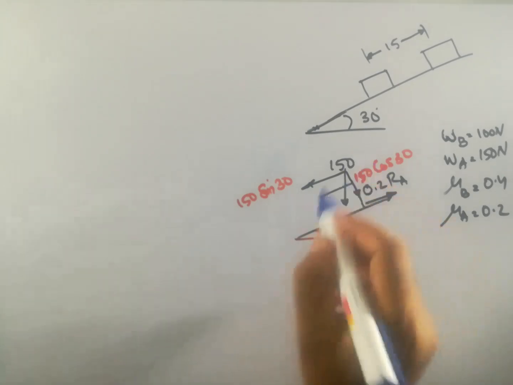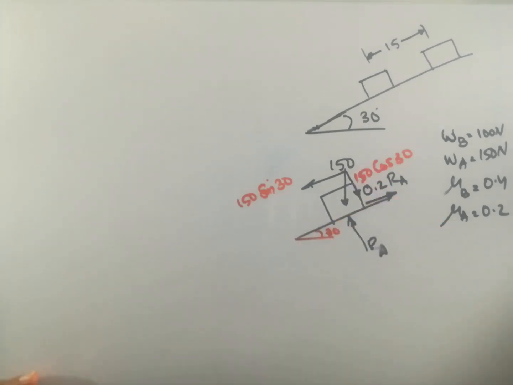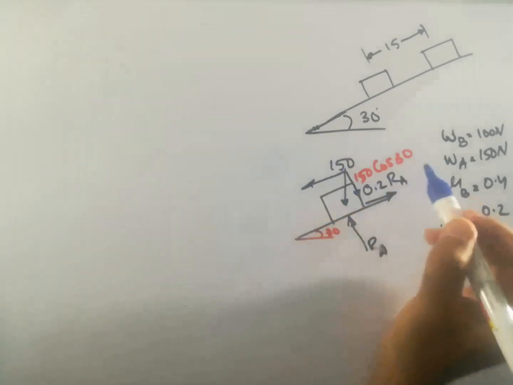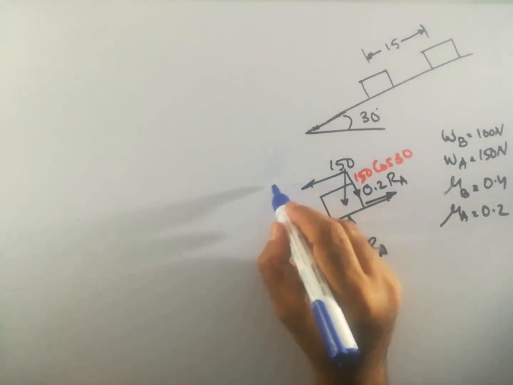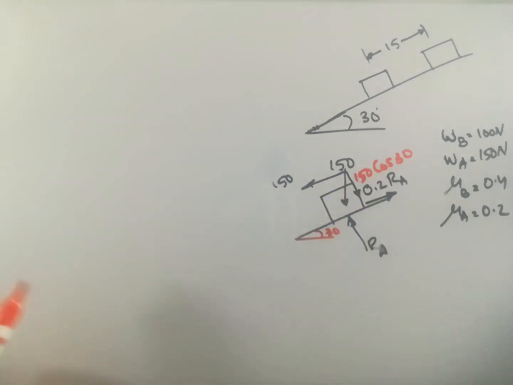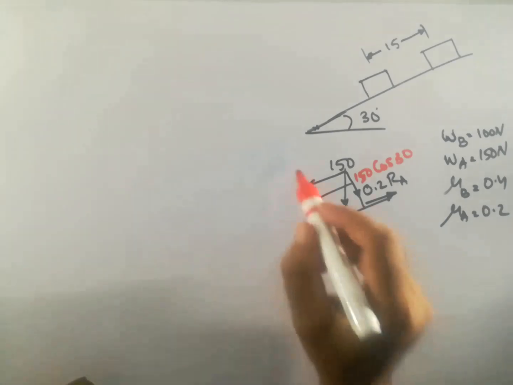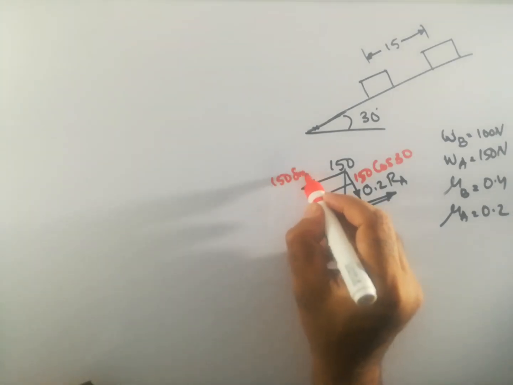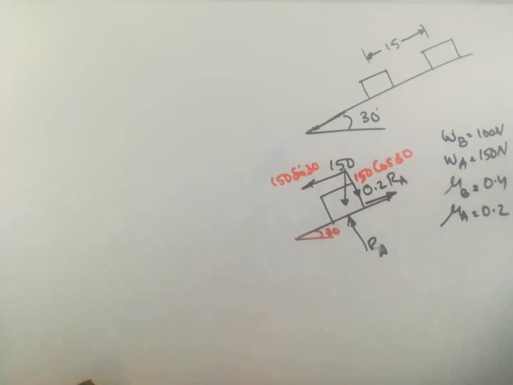Okay, so these are the forces acting on the block A while it is moving down. It is 150 sine 30 and 150 cos 30.